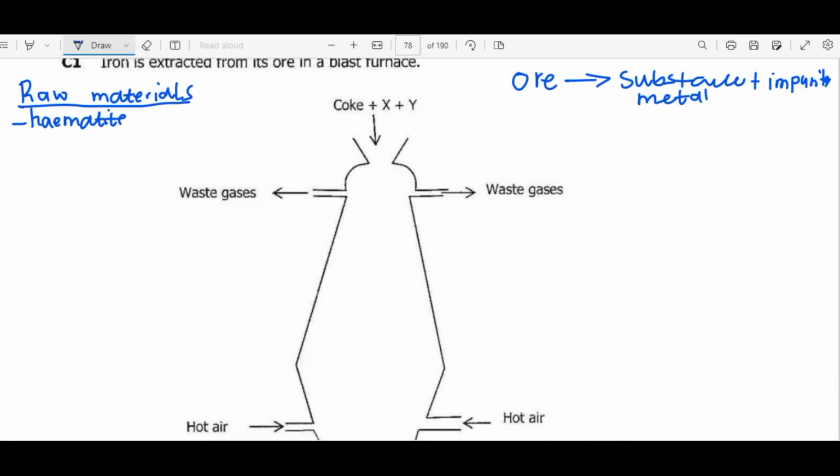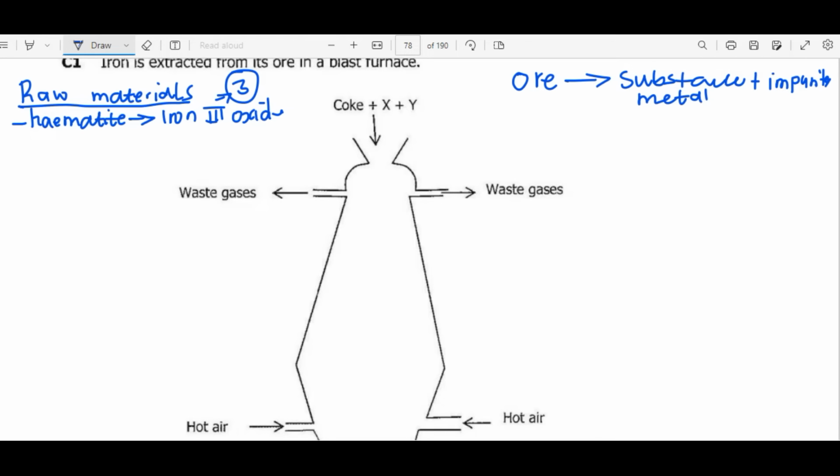So hematite is the common name. If you are told to give the chemical name for hematite, this one is iron(III) oxide. Whenever you are given this number here, it means the iron that we are using has a valency of 3.